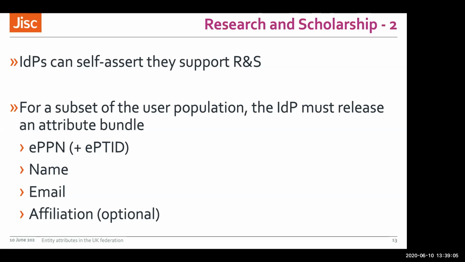Kenny has asked, can I discuss what subset of user population is? I think this is a moving target, and this is something where the RNS specification isn't brilliant. The RNS specification entity attribute is a particular URI, which should be stable.